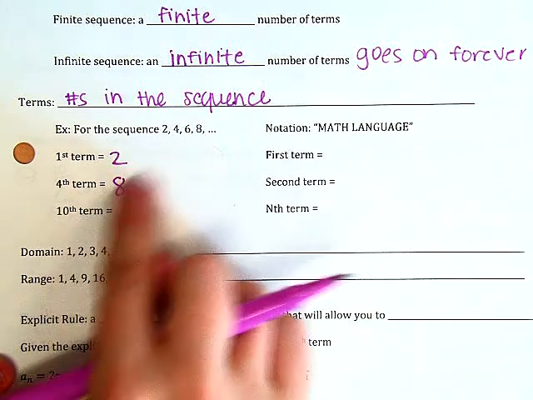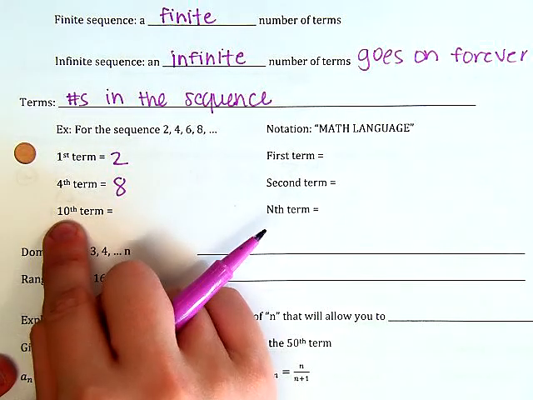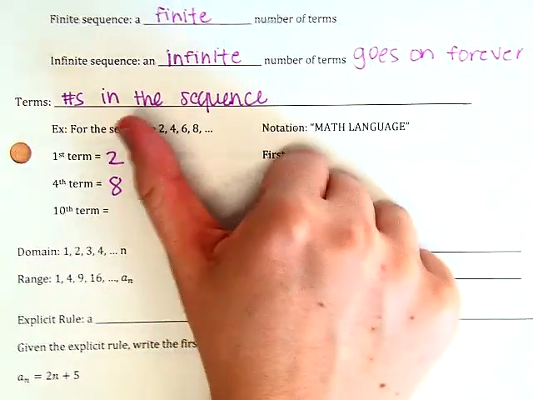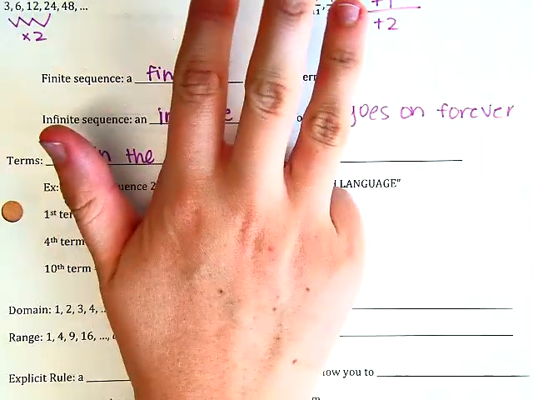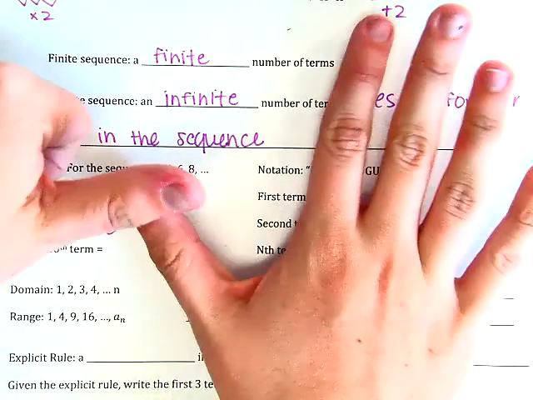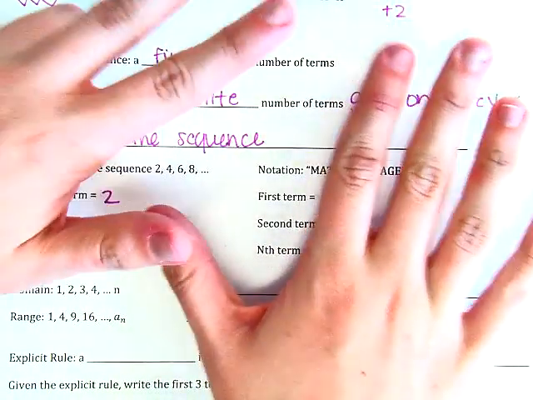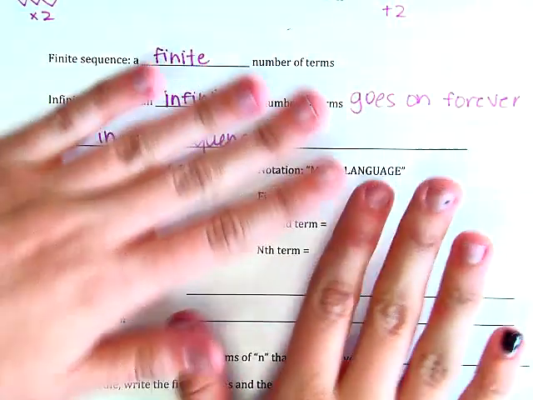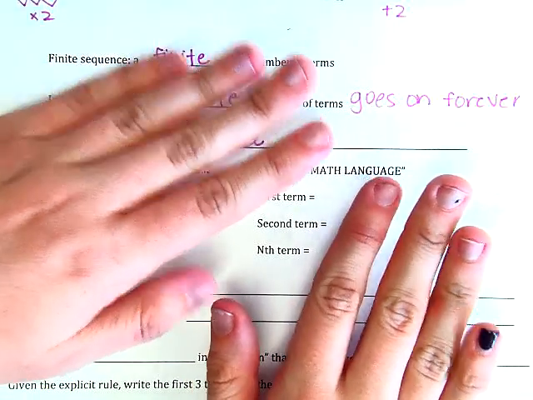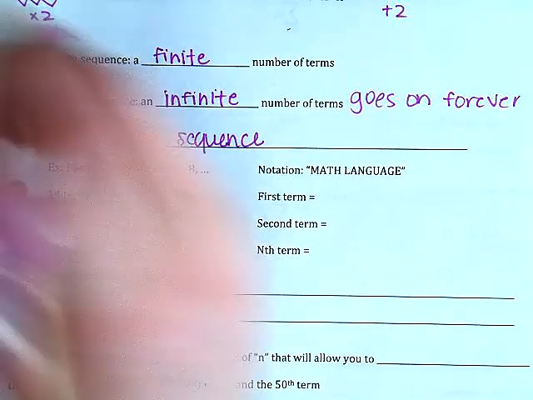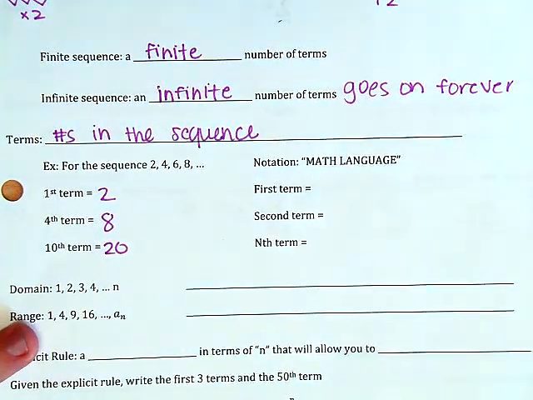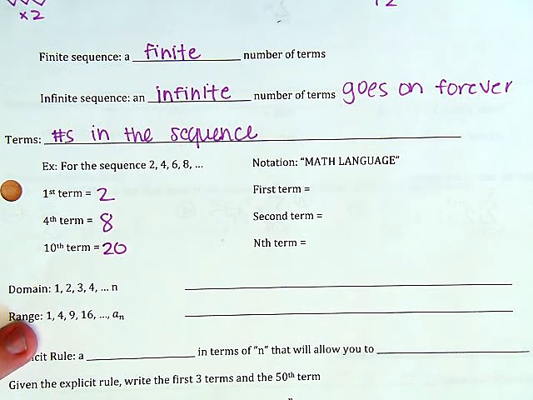If I kept going, what would my 10th term be? Well, 2, 4, 6, 8, 10, 12, 14, 16, 18, 20. So I just use my fingers to count up to 10 by 2s, and I figure out my 10th term is 20.